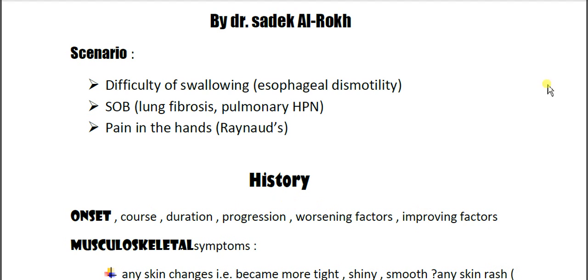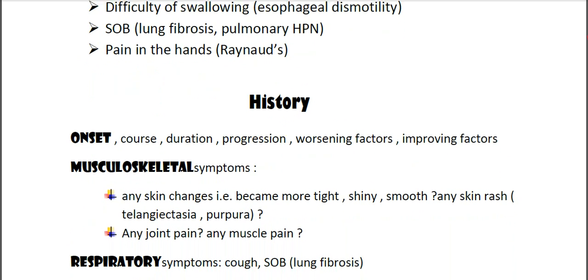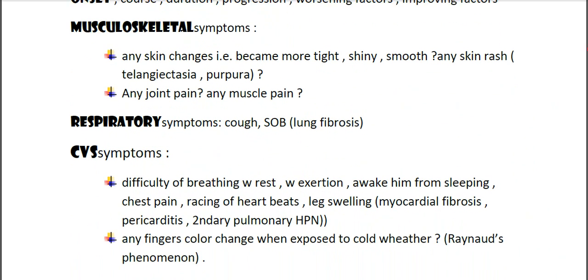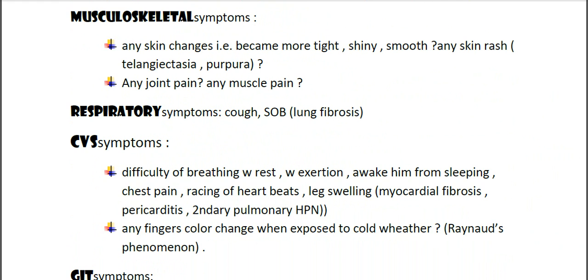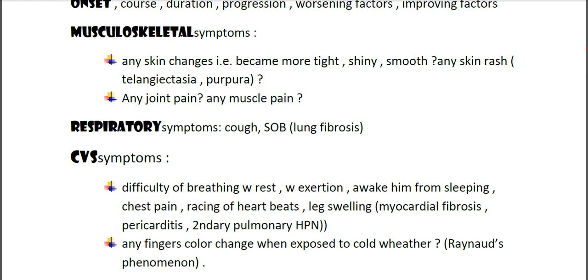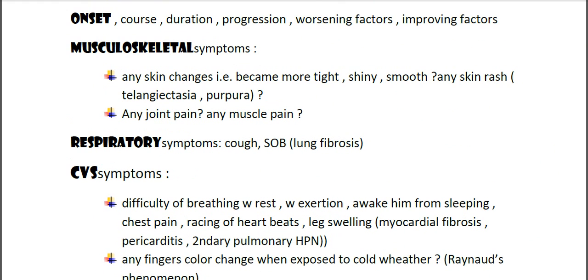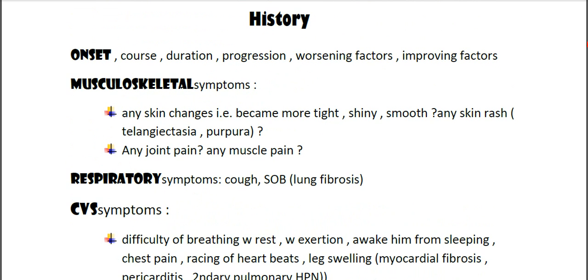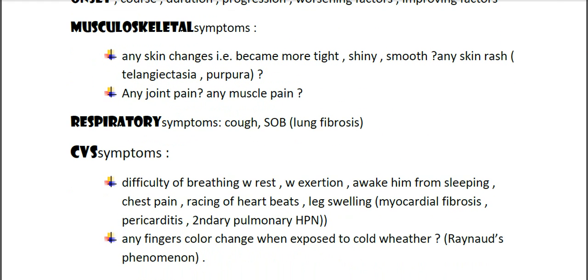Then ask about the systemic review related to systemic sclerosis. This is not a case of differential diagnosis actually, this is a straightforward case of systemic sclerosis, so ask about the analysis of the complaint, then ask about the systemic involvement in systemic sclerosis.